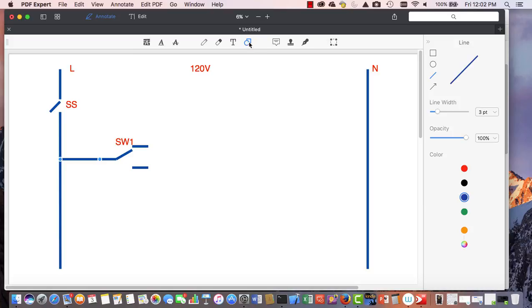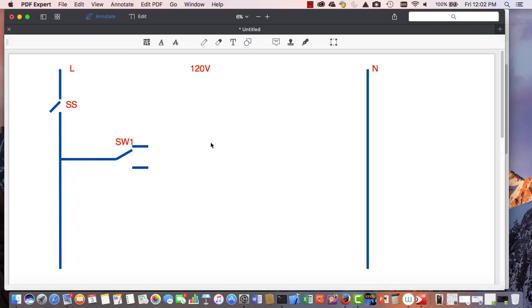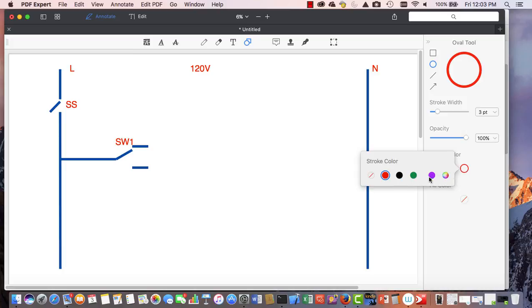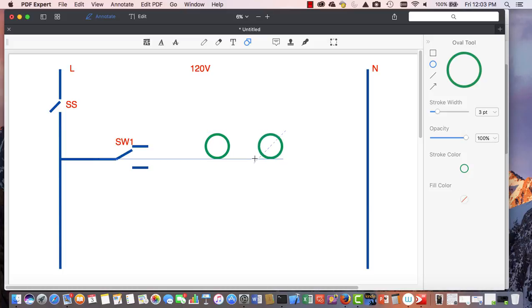Now, I have 2 light bulbs in series, right? That was part of what the diagram said. Let's do it in green. I have 2 light bulbs in series. In series means we have 1 path for power to flow. So there's my 2 light bulbs in series.